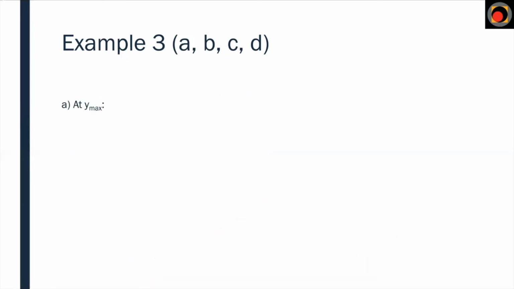At Y max, at the maximum position, we know that the velocity on Y is 0. So we're looking for the time for maximum position. The velocity on Y is 0. We have the initial velocity on Y, we got it from the rectangular form. We have g to be the acceleration and we have t. We can solve for t and we would have t equals Vy minus Voy divided by g.